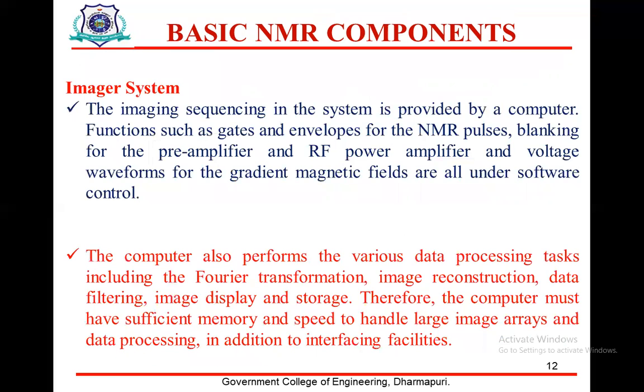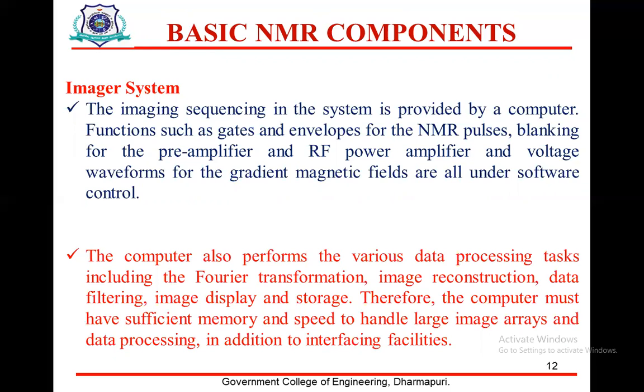In the imager system, the imaging sequencing is provided by a computer. Functions such as gates and envelopes for the NMR pulses, blanking for the preamplifier and RF power amplifier, and voltage waveform for the gradient magnetic field are all under software control.